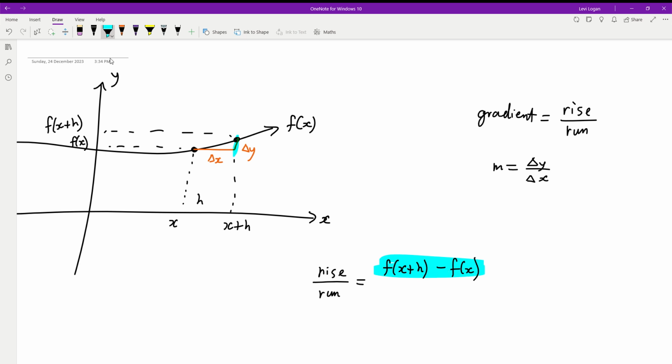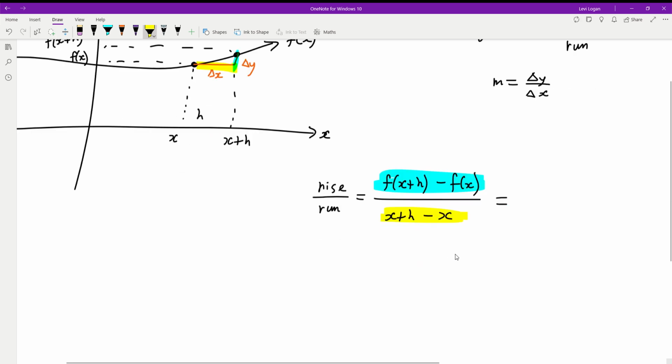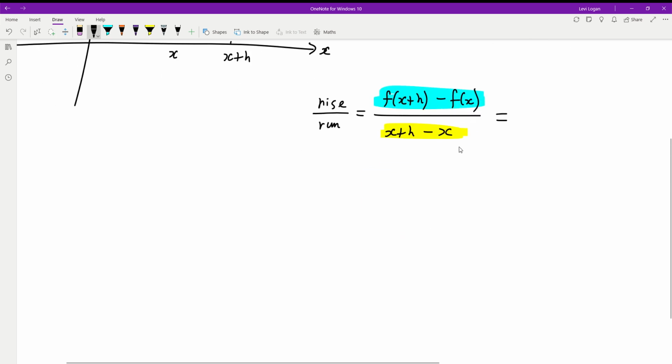Okay? The length of this side bit here will be the difference between x plus h and x. So it'll be x plus h minus x. Okay? And we can see straight away the x's cancel out. So if we take a look at this expression here again, we have f of x plus h minus f of x. Okay? The x's cancel out, and all we're left with is h.